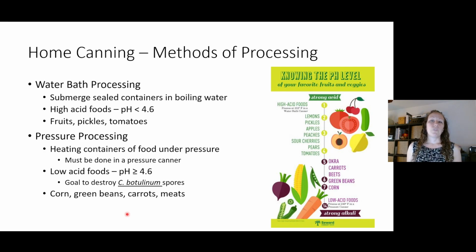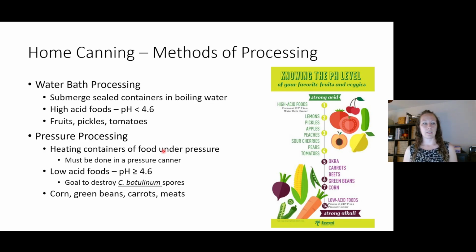So once that food has been packed into the cans, you still need to process the cans to get those foods to a good temperature that is going to commercially sterilize the foods. So two methods are water bath processing and pressure processing. And how you're going to choose those is the pH level of that food.